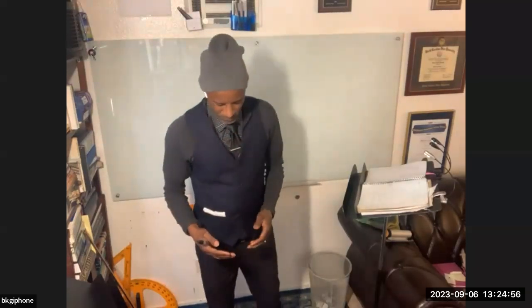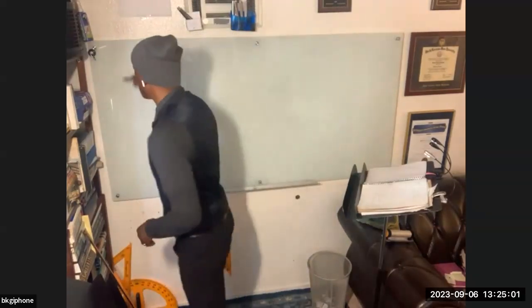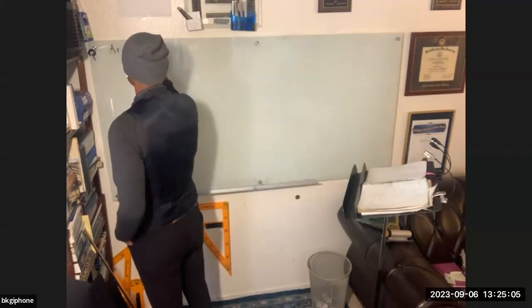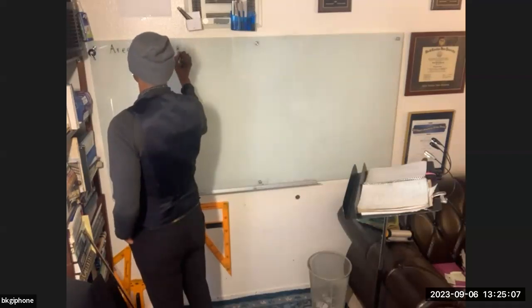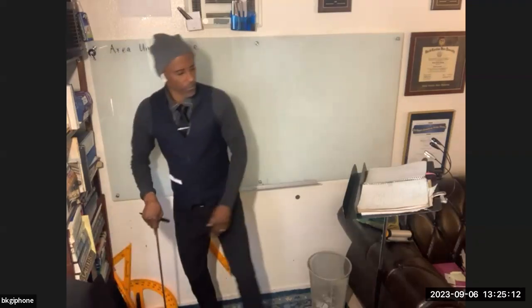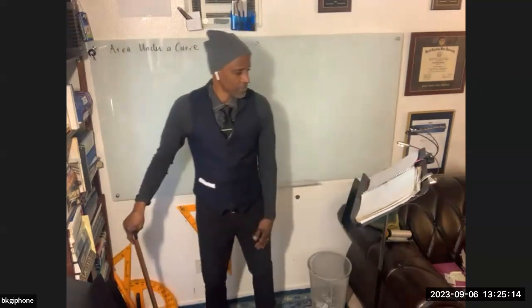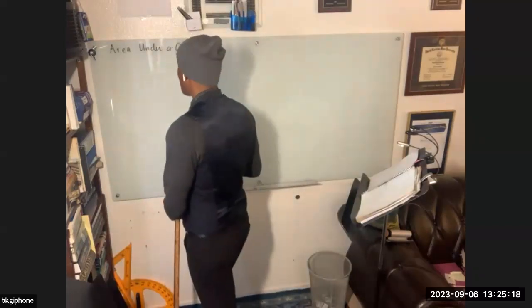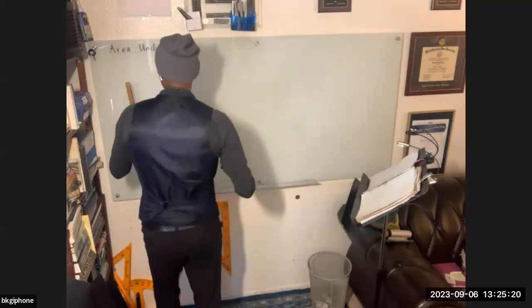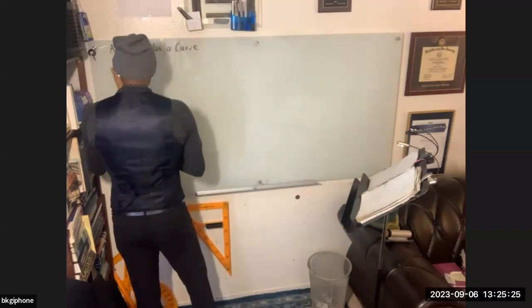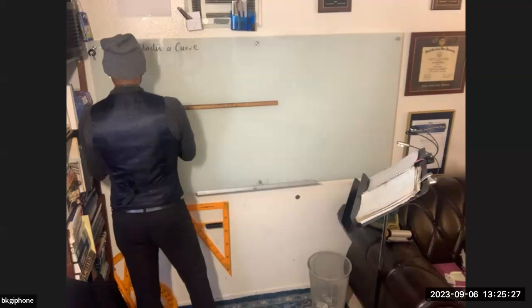All right, so area under a curve. I'm going to graph the velocity versus time. We've been looking at displacement versus time a lot, but here, this is velocity versus time, and we developed the equation of motion.